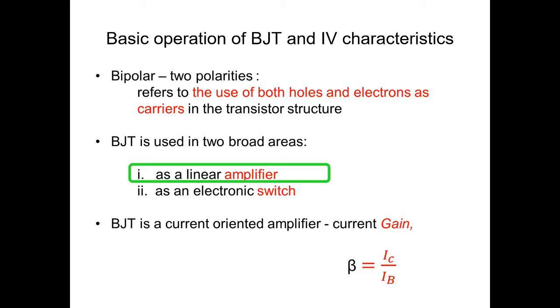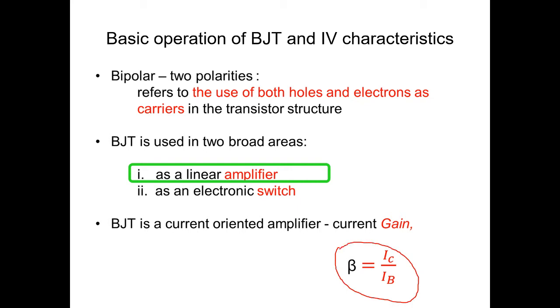First one is as an amplifier, and the second one is as an electronic switch. For this class, we will focus on the linear amplifier and also the BJT as a current-oriented amplifier or current gain. You will be familiar with the symbol beta here.